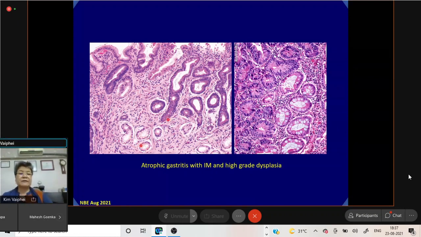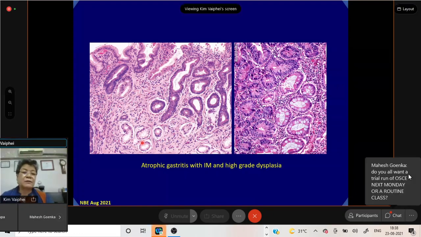The presence of the mucous glands will not really tell me that this is from antrum. In atrophic gastritis, even the body mucosa can show pyloric gland metaplasia. So until and unless you as a gastroenterologist, the endoscopy is telling me that this particular biopsy is taken from antrum, I will not call that this atrophic mucosa is from antrum.